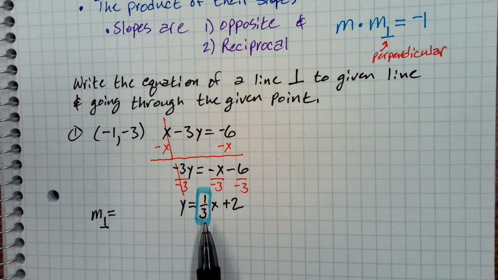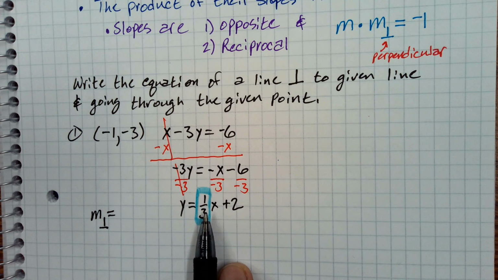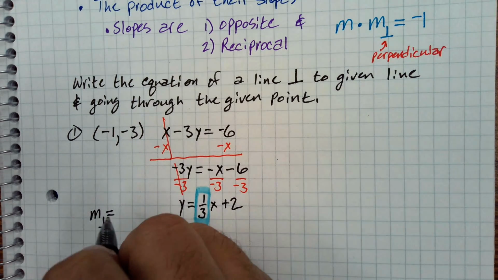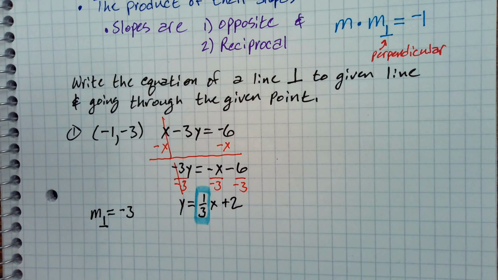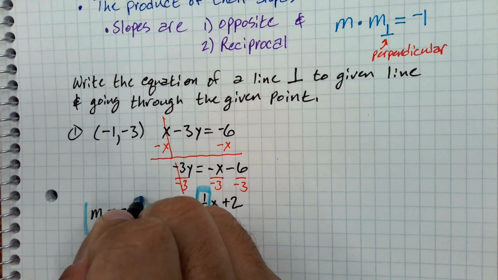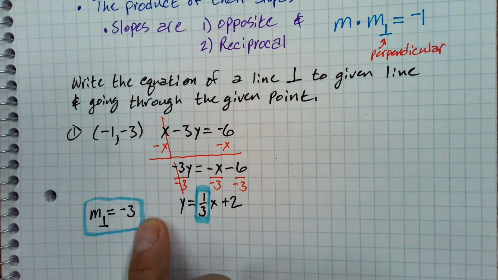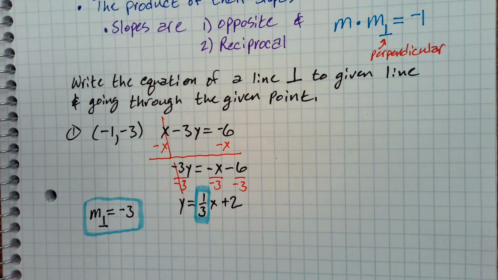So if it's 1/3, we want something opposite reciprocal to it for our new slope. Negative 3. Yeah, the opposite would be negative. The reciprocal of 1/3 would be 3. So now we have a slope for the line we want to make, which is negative 3. We have a point, negative 1, negative 3.